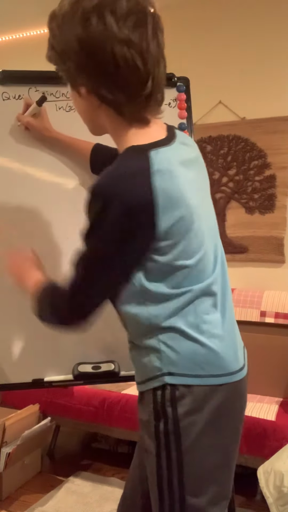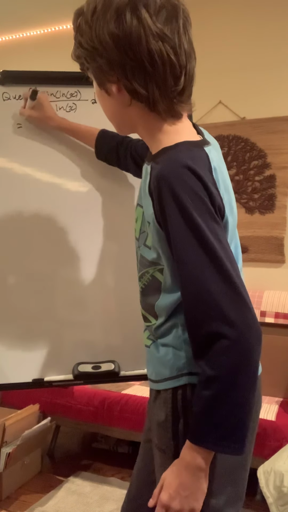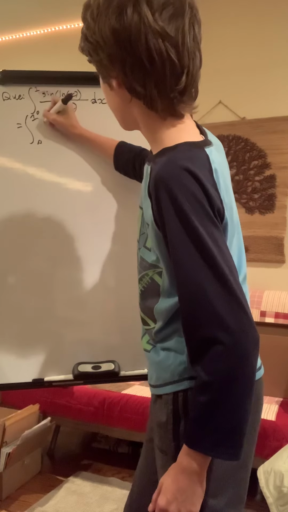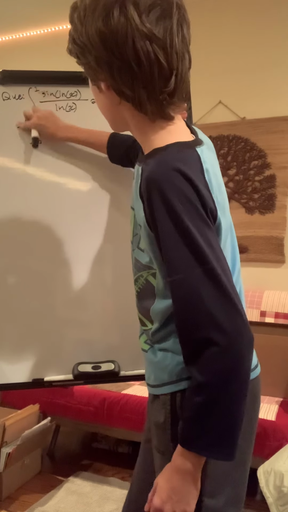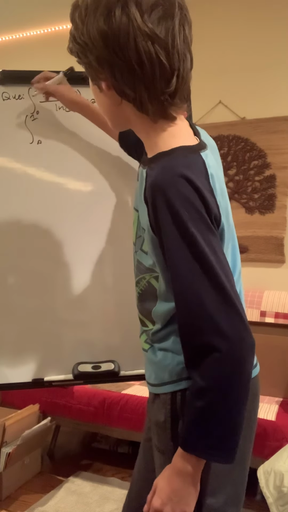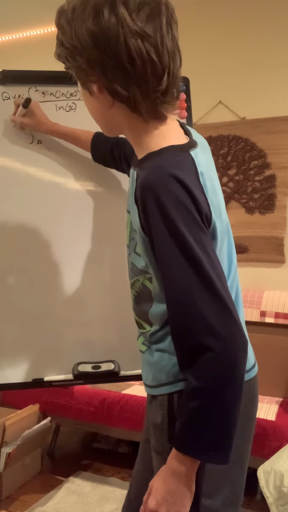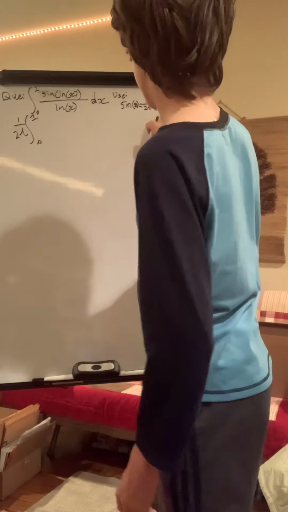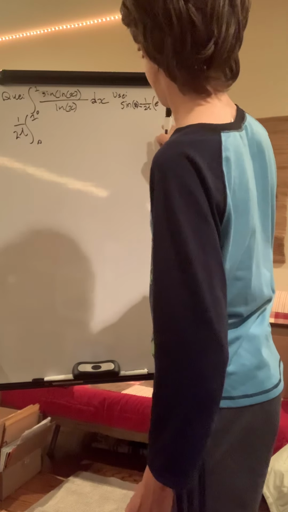So in other words, this equals the integral from 0 to 1 of, well, let's directly bring the 1 over 2i to the outside, because we will have that there anyway.